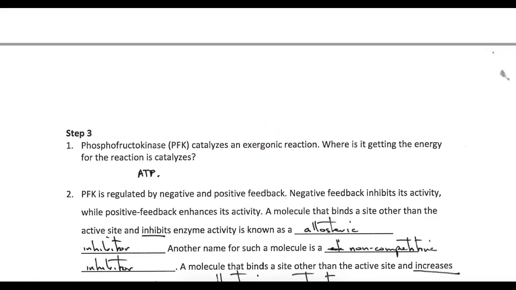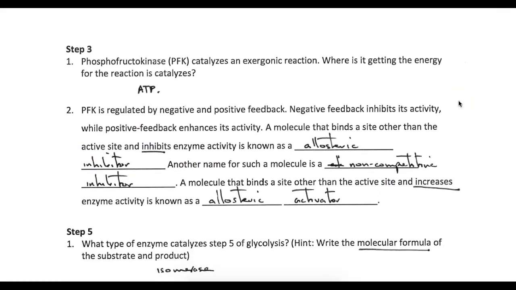Molecules that bind somewhere other than the active site, my apologies, and inhibit enzyme activity are known as allosteric inhibitors, which are also known as non-competitive inhibitors. If a molecule, like AMP, increases activity, these are known as allosteric activators.